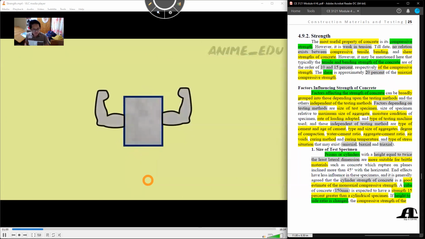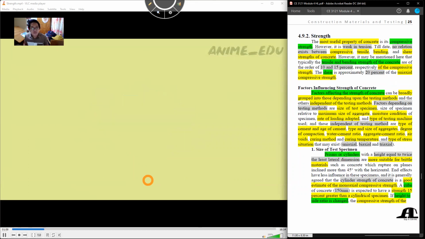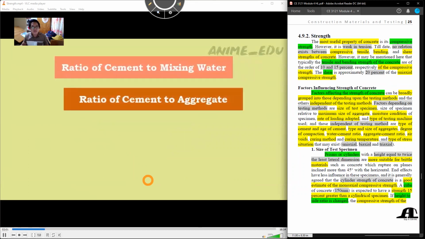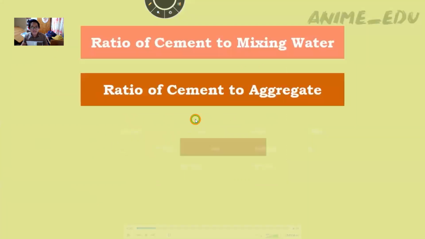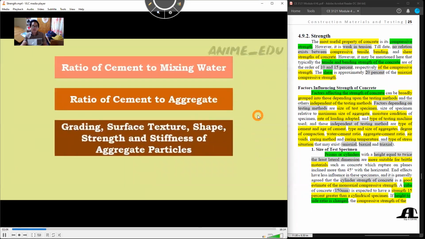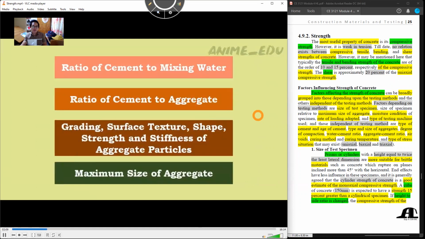Besides, the strength of concrete is influenced by the following factors: ratio of cement to mixing water, ratio of cement to aggregate, grade. So andito pala class, pero yung specify niya lang. Okay, so these are the following. This following These are the factors influencing the strength of concrete. Okay. Reading, surface texture, shape, strength and stiffness of aggregate particles, and maximum size of aggregate.